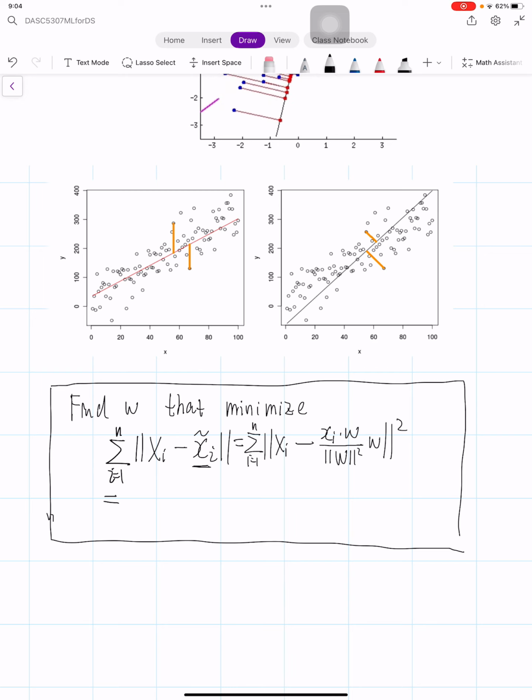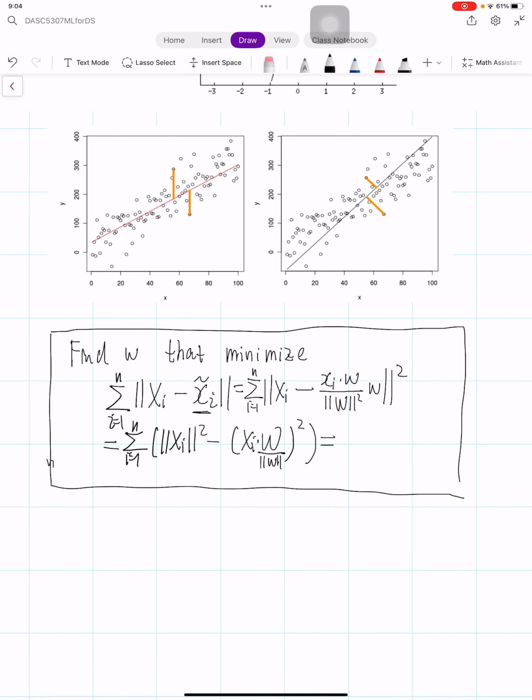This can be rewritten as the sum over i from 1 to n of the norm of xi squared minus xi inner product with w, divided by the norm of w, squared. Actually, you can write this as a constant minus n times the variance of the projected points.